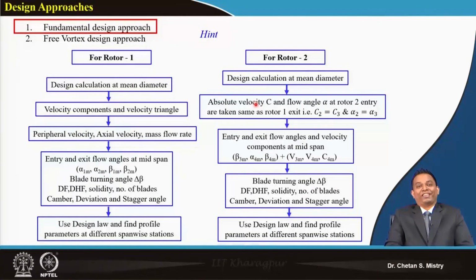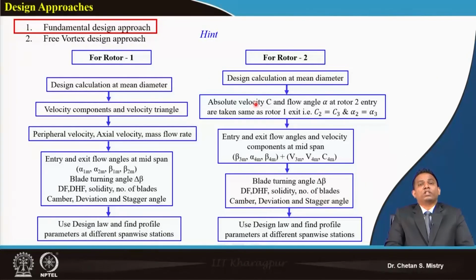Based on this, we will do our calculation at the mid station. Once we calculate all parameters at the mid station, we will calculate different performance parameters like diffusion factor, de Haller's factor, relative velocity ratio, all those parameters along with the angles at the mid station. And based on the concept we opt for the design, we will design the whole rotor.